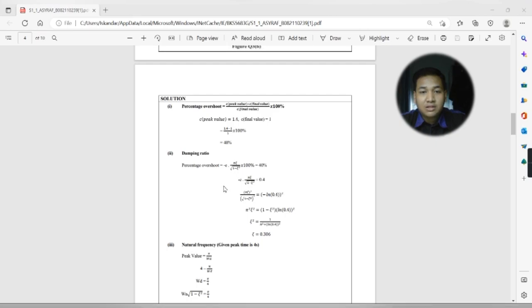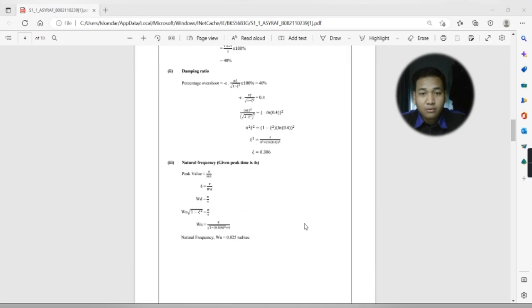So we substitute the other values and make the damping ratio squared the main key, and the final answer we get for damping ratio is 0.306.